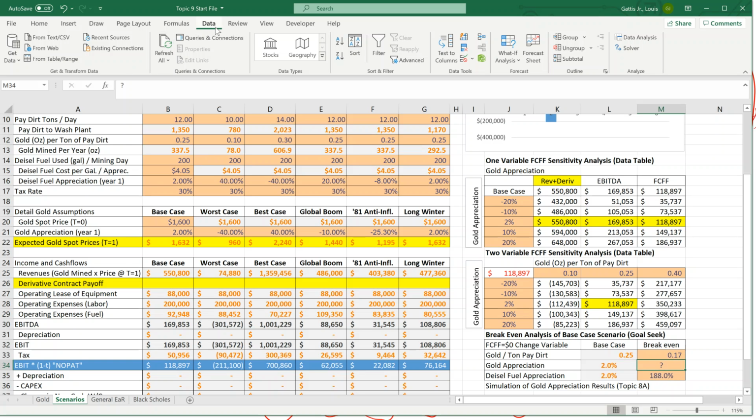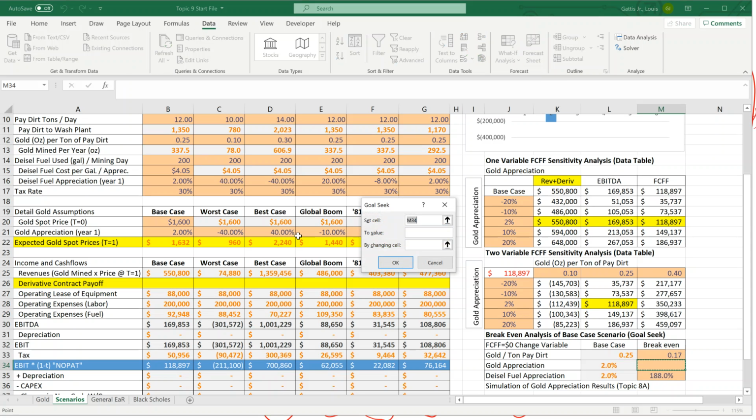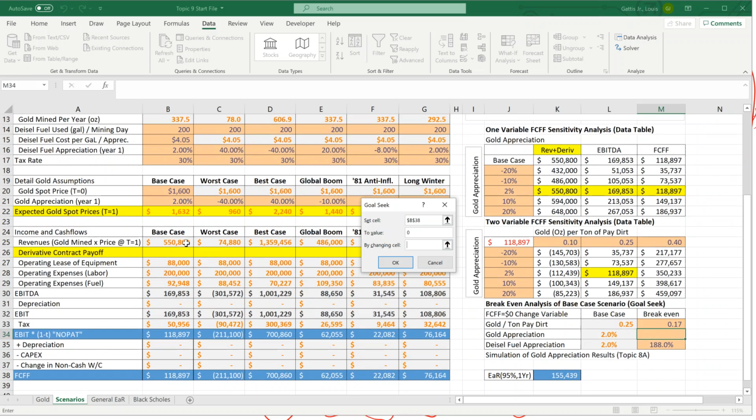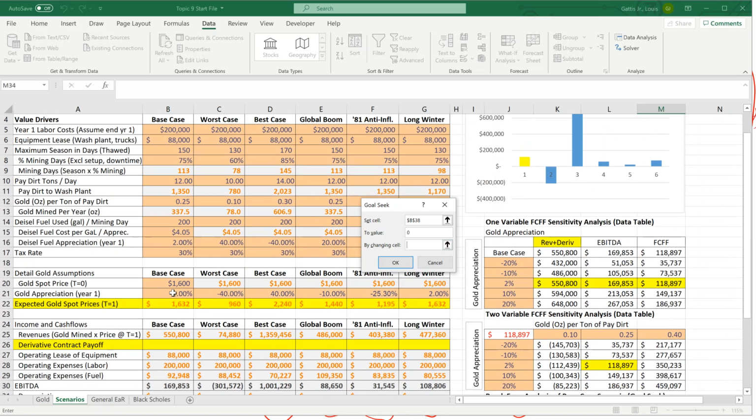So I'm going to hit data, or first I'll delete that question mark. I'll hit data, what if, goal seek. I want to set the base case free cash flow in B38 to a value of 0 by changing the value in the base case input for gold appreciation, which is B21, hit OK.